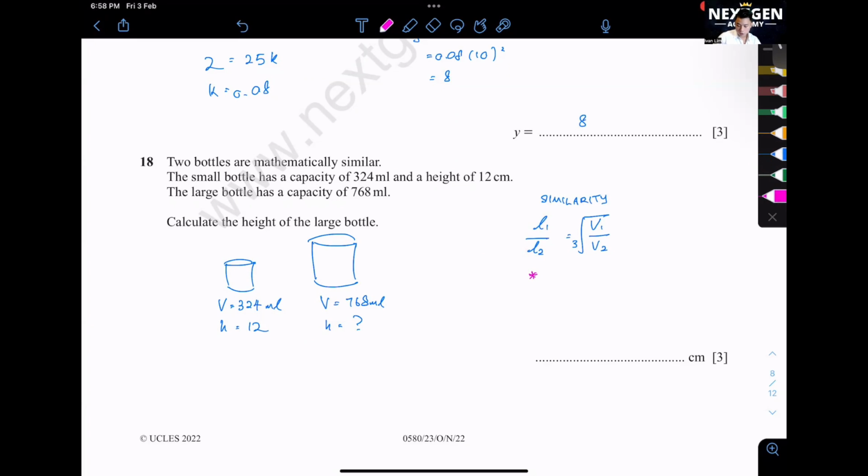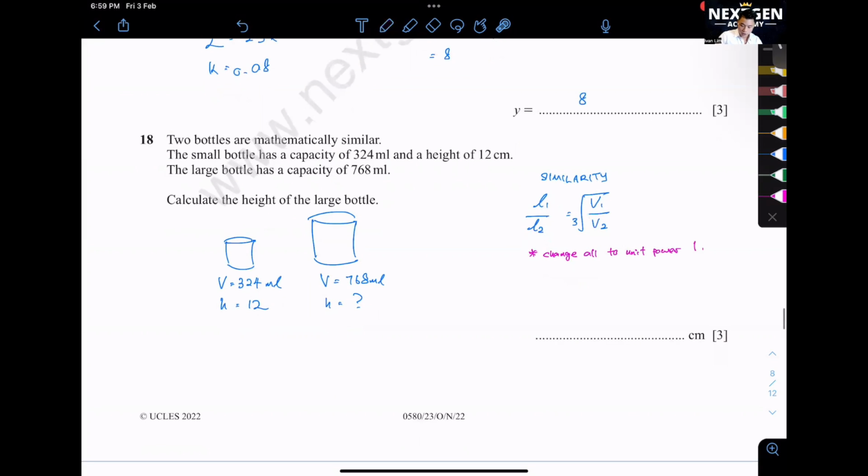Because we want to change all to unit power 1. The logic behind it is we change it all to unit power 1, so we can compare apple to apple. You cannot compare apple to orange. One is length, one is volume, cannot compare, because it won't be similar or proportional.